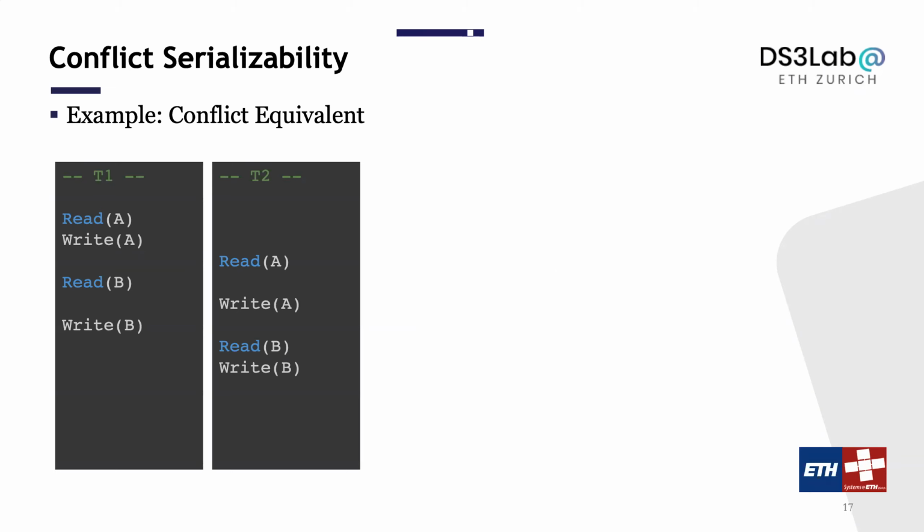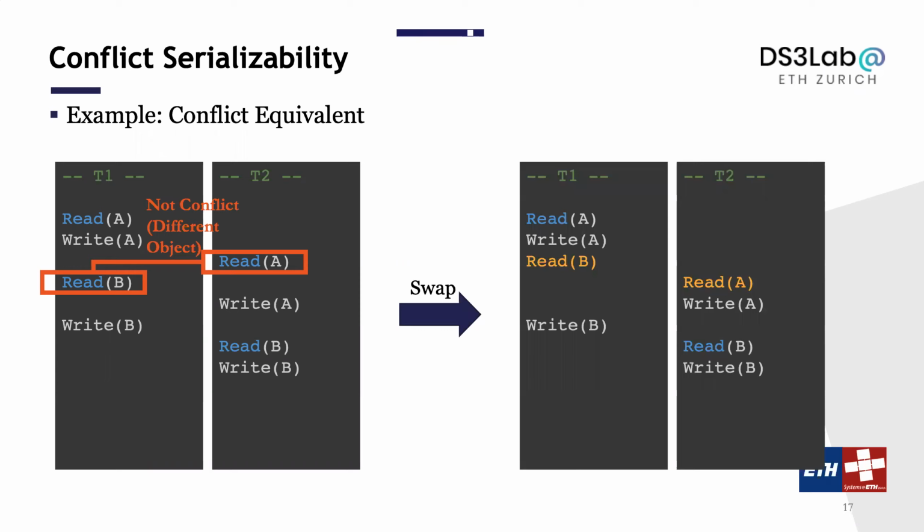Here, as you can see, these two operations, read A and read B, have no conflict between them. Why? For two reasons. Both are reads, and second, they're on different objects. So there's no conflict, and I can swap the order to change this into a different schedule where I read B first and then I read A. If you look at these two schedules side by side, they have the same set of conflicts, because swapping the order between read A and read B doesn't change all the other conflicts.